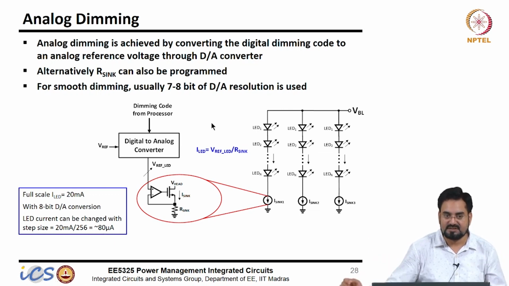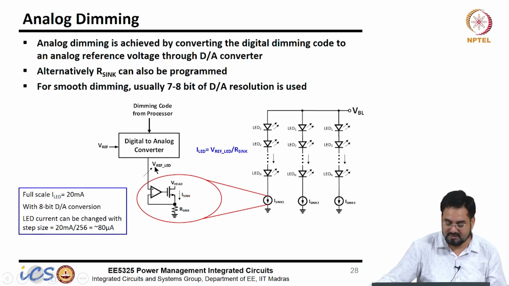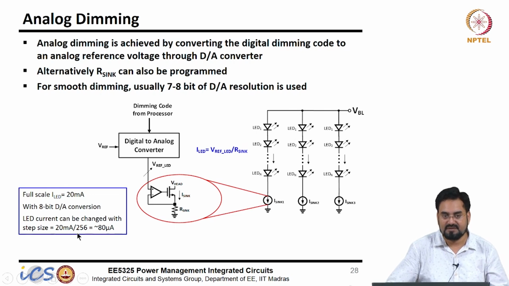So the input has to be digital, but how you control the output, whether digital or analog, that is a different thing. When I am controlling Vref, I am controlling an analog voltage, so that is why we call it analog dimming. Let's say my full scale current is 20 milliamp and with 8-bit D2A conversion, the LED current can be changed with a step size of roughly 80 microamp.